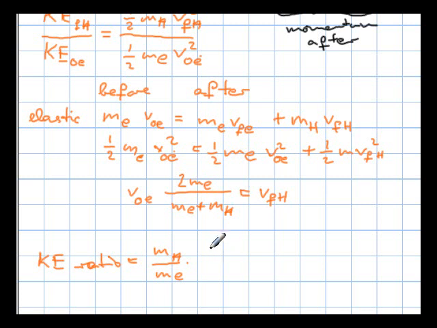This one gets squared as well, so I'm going to have 4 times the mass of the electron squared divided by the mass of the electron plus the mass of the hydrogen, squared.